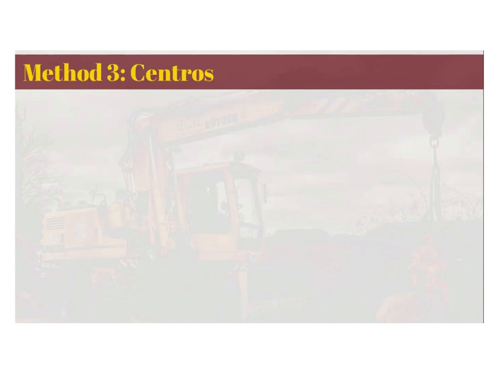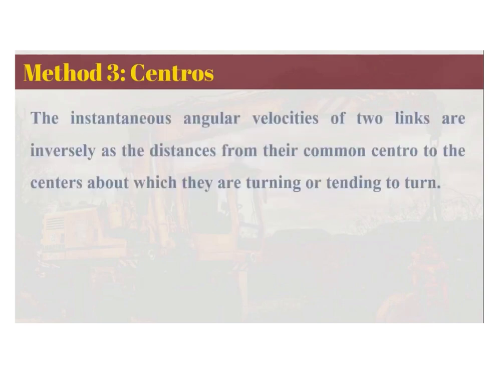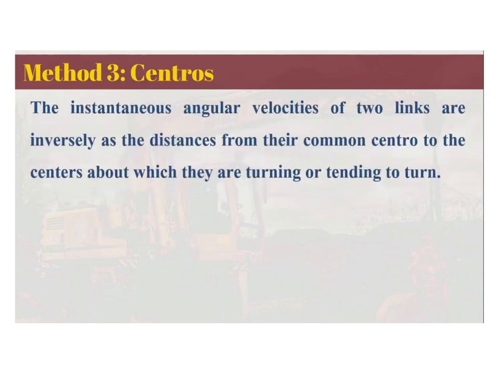So the third method is by using centros. Some of the concept behind this is that the instantaneous angular velocities of two links are inversely as the distances from their common centro to the centers about which they are turning or tending to turn.